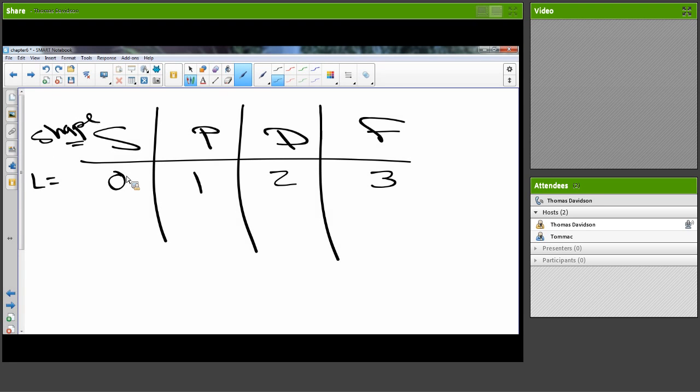So when we talk about this quantum number, which we convert to a letter, which is L, the corresponding language we need to know is that a 0 represents an S, a 1 represents a P, a 2 is a D, and a 3 is an F.